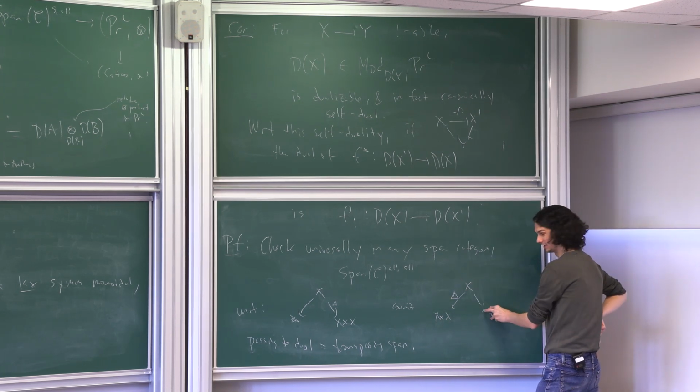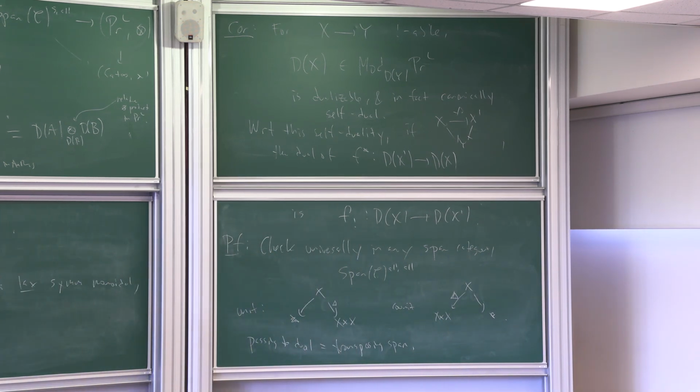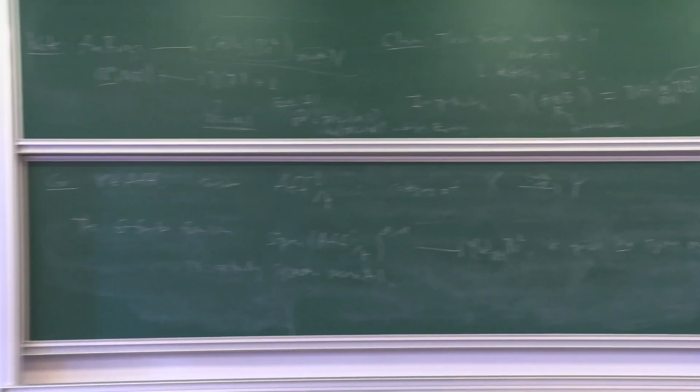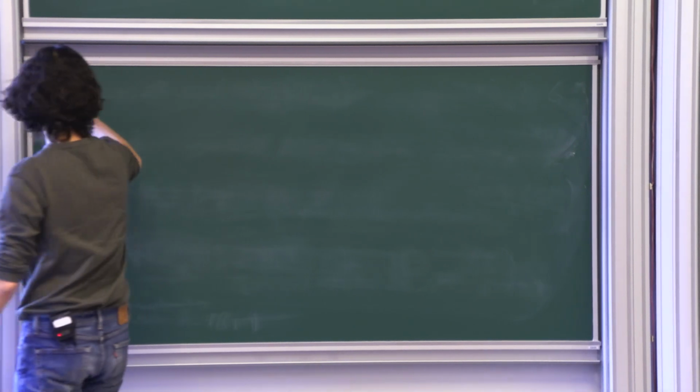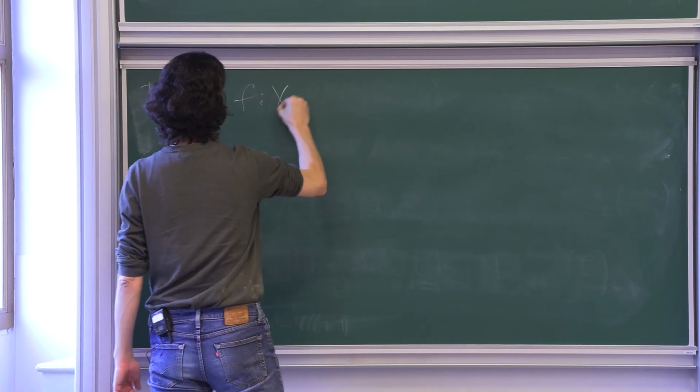You pull back to Dx, and then you do lower shriek to Dy.